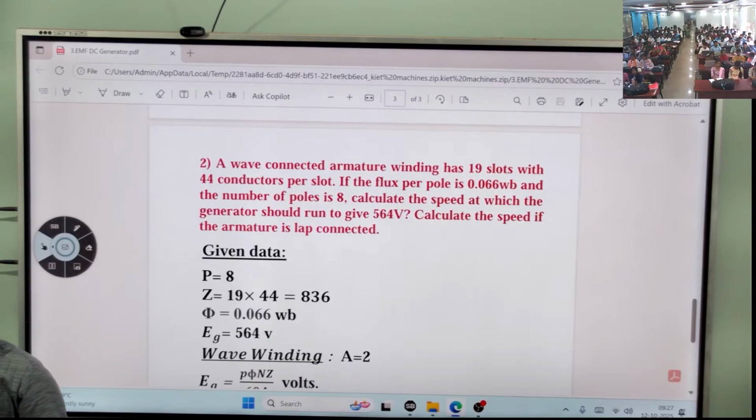Yesterday and today, that is the second unit. So write down the second problem.